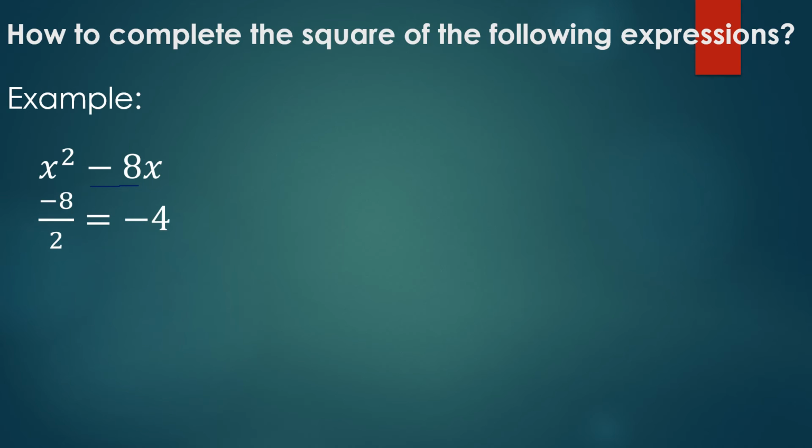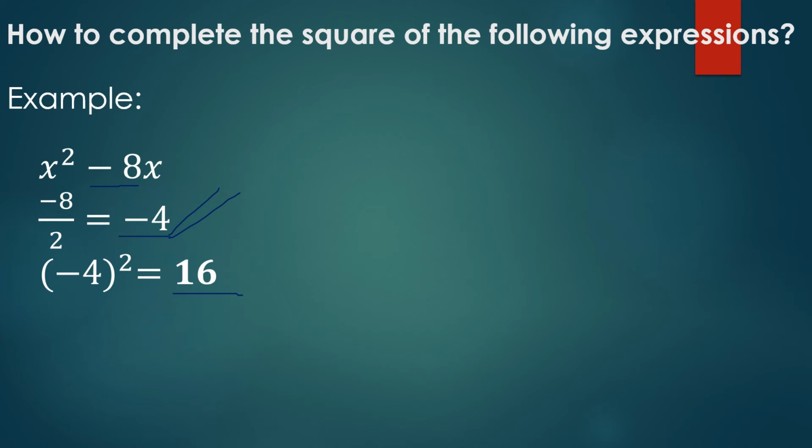So we have negative 8 over 2 is just equal to negative 4. After that, we are going to square negative 4. If we are going to square that, we have negative 4 quantity square is equal to positive 16.